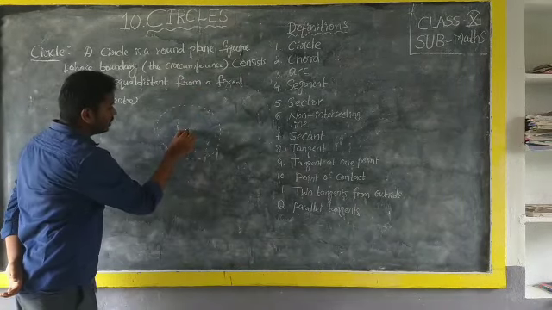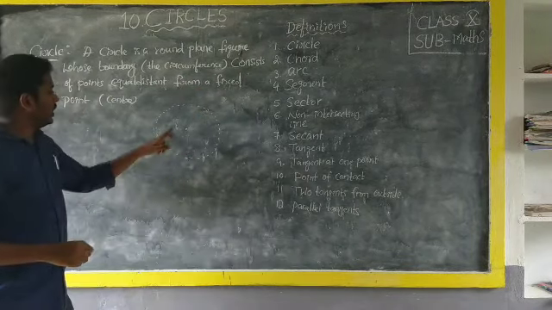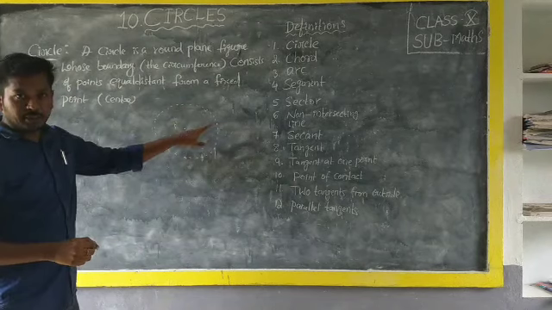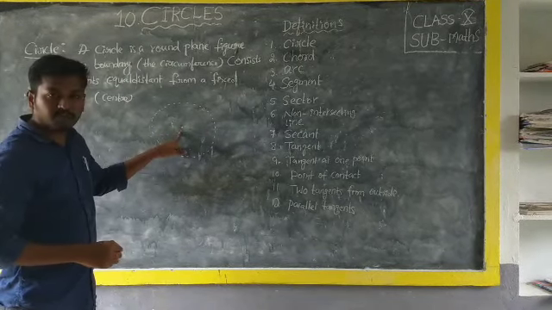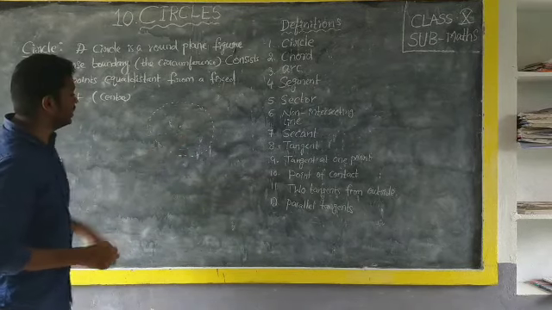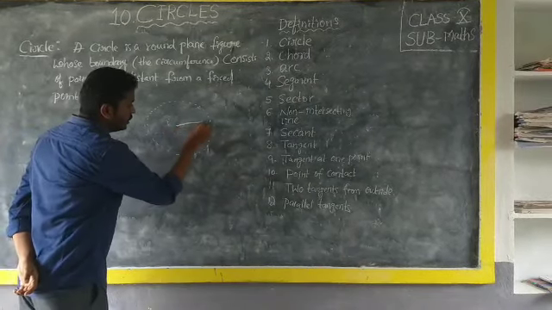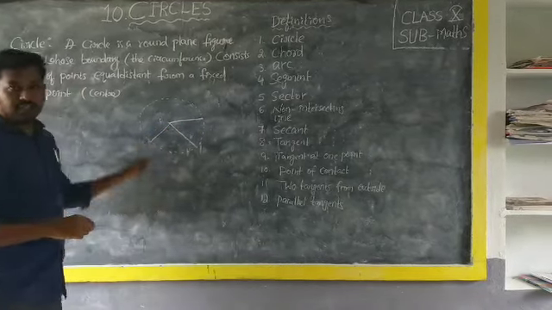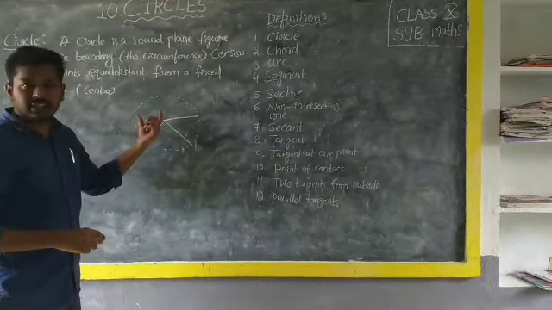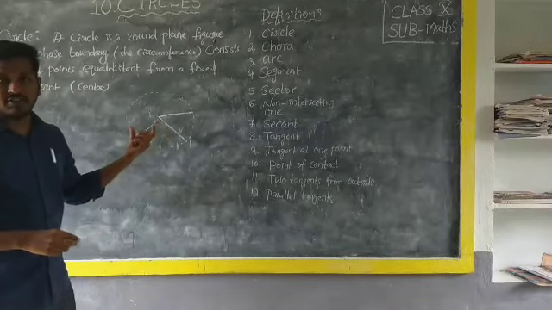I have to take one center. If you observe here, each and every point is equal distance from the center. That means from here to here, every length will be equal.